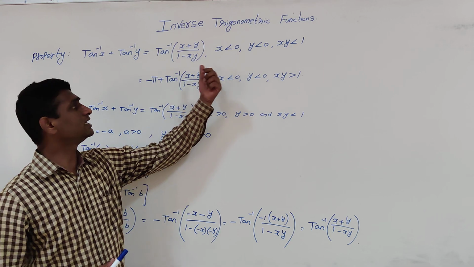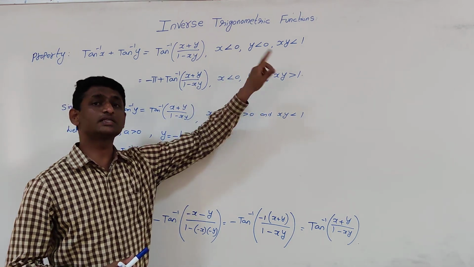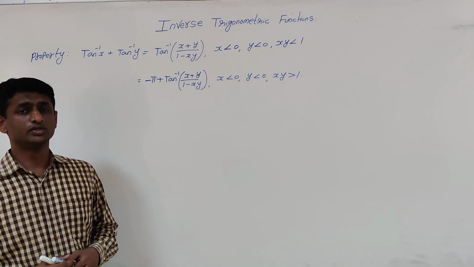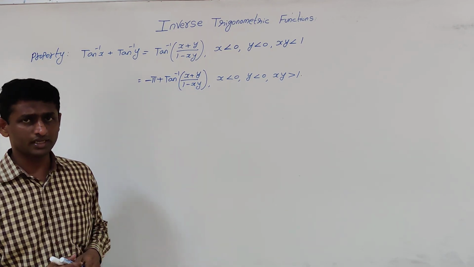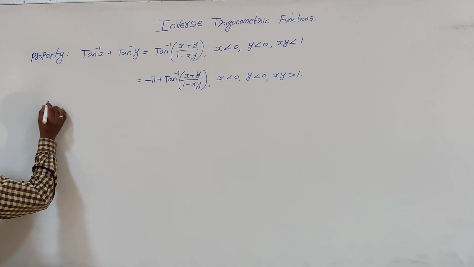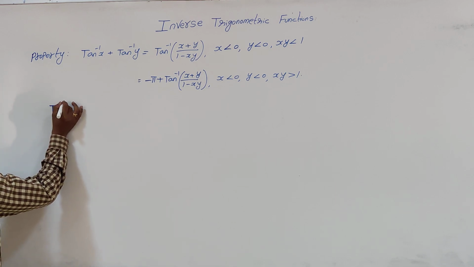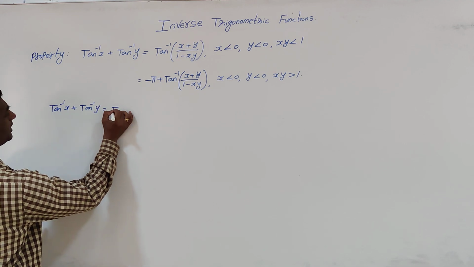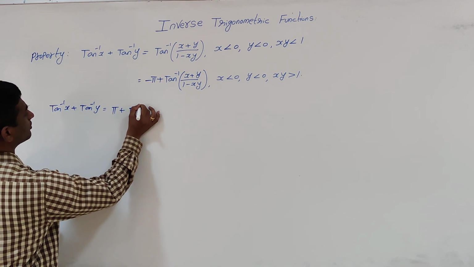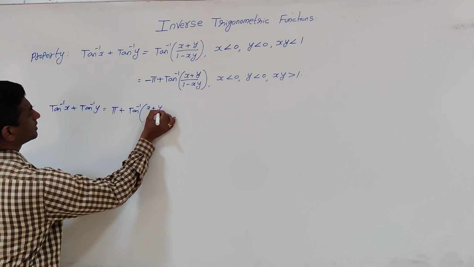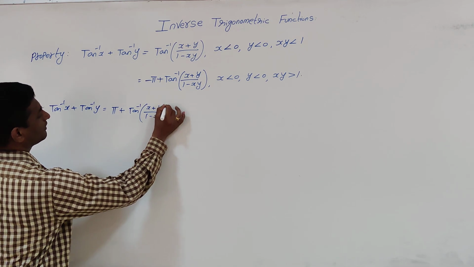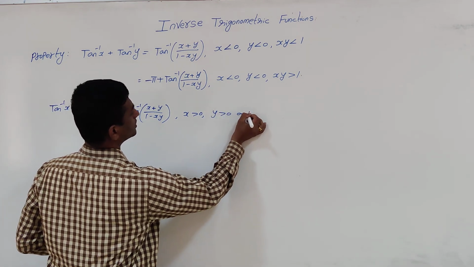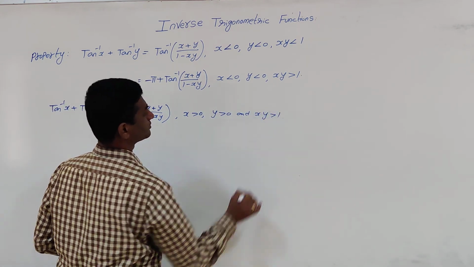Now, if x is less than 0, y is less than 0 and xy is greater than 1, we will see the proof also. In order to prove the second property, we have already seen that tan inverse of x plus tan inverse of y is equal to pi plus tan inverse of (x plus y) by (1 minus xy) if x is greater than 0, y is greater than 0 and xy is greater than 1.